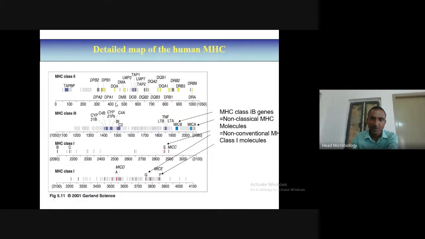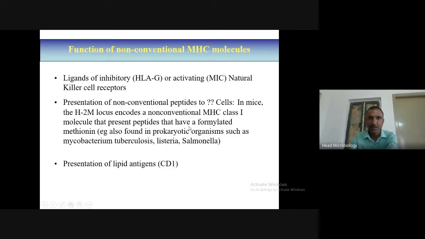When we observe the map of the human histocompatibility structure, there are MHC class 1 genes, non-classical MHC and non-conventional MHC molecules. Here all these are similar, but there are different variants, and amino acids differ at each and every position.